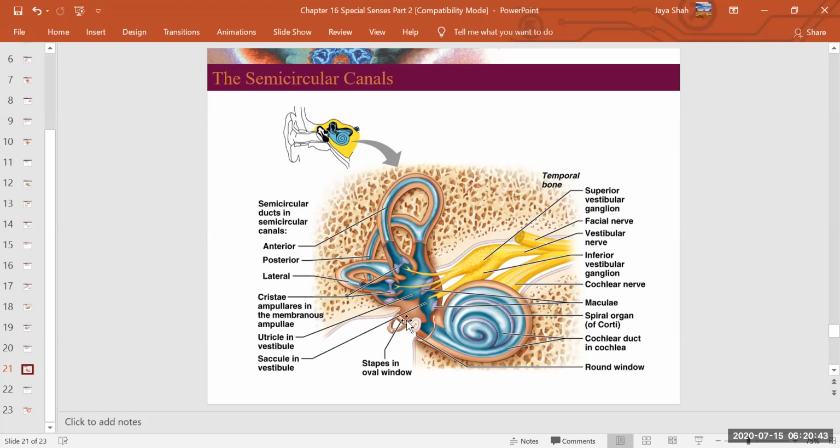When you nod your head, this is the organ that maintains your balance. But when you say no and move your head angularly, that is angular movement. Static balance is by the utricle and saccule, and angular movement is by the semicircular canals.